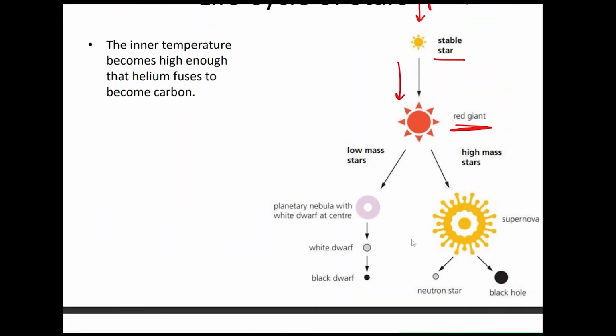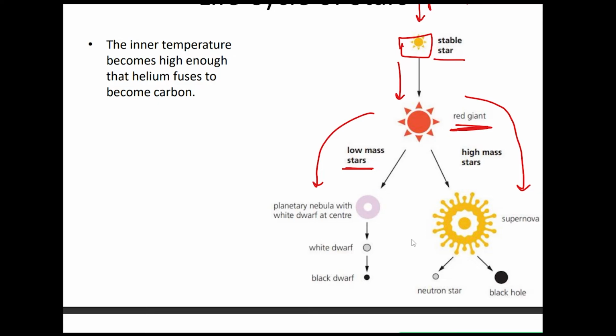So now it has two such stages to exist. If the star in its original life was a low mass star, then it would follow this path until its death. If it was a very high mass star, it will follow this path until its death. Now, who decides which is a low mass and which is high mass?